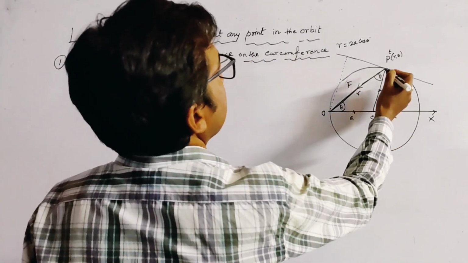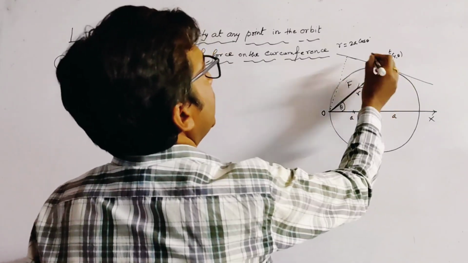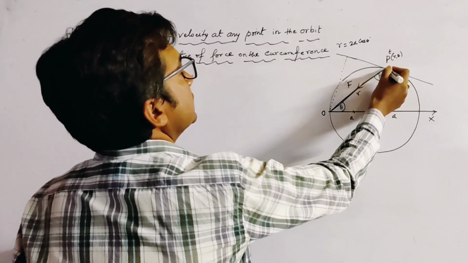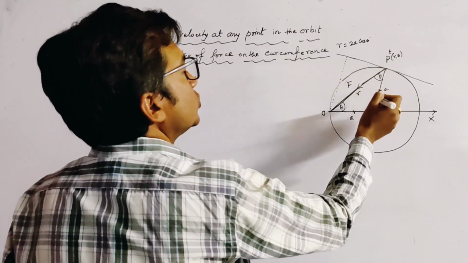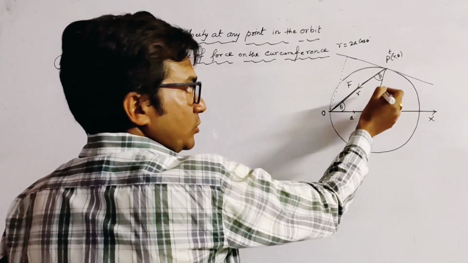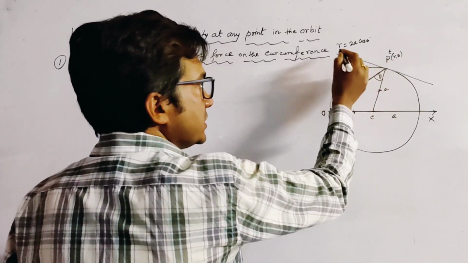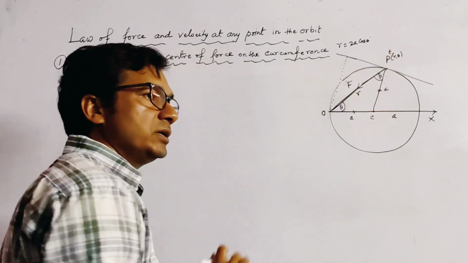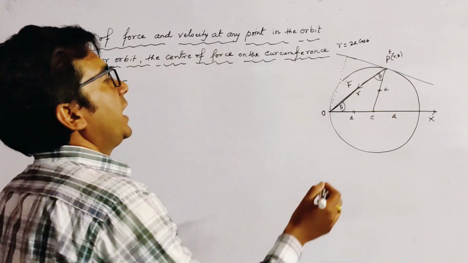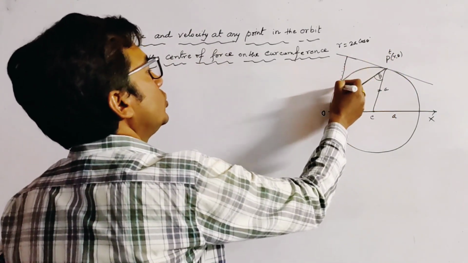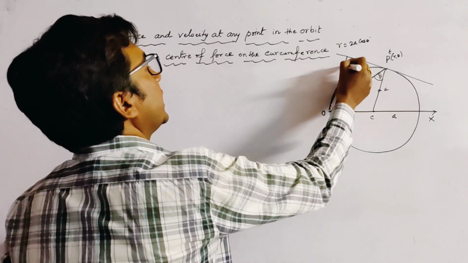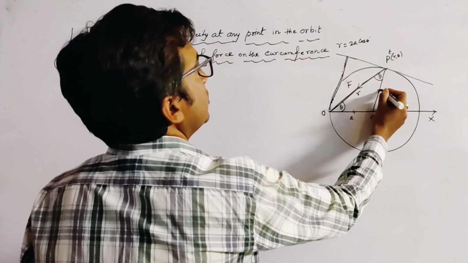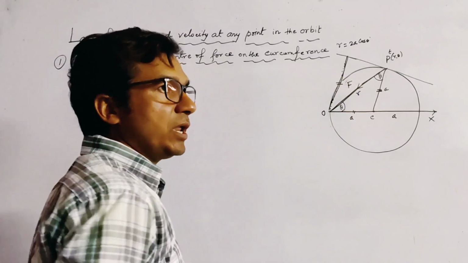Now we know that at any point on the circle, the line joining the center to that point is always perpendicular to the tangent, and we also draw a perpendicular line on the tangent at T. So these two lines must be parallel.